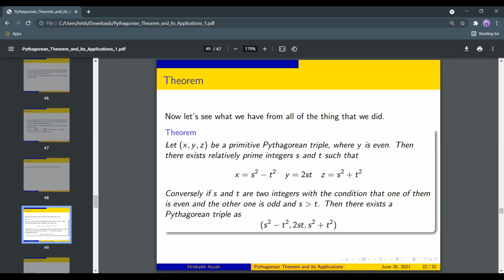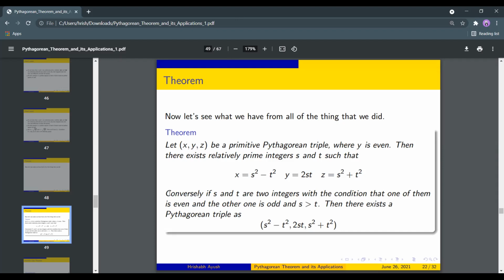It says that you have x, y, z be the primitive Pythagorean triple where y is even. You could take x as even as well, but that's just a clever thing. Then there exist relatively prime integers s and t so that we can write these three variables in terms of s and t. This is actually a parametrization that we saw before.